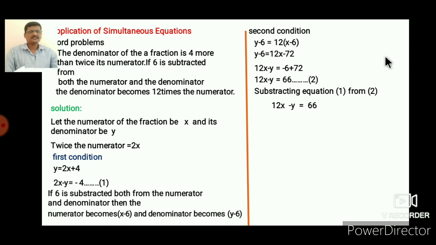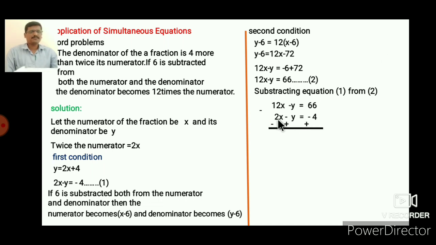Subtract equation first, which is 2x minus y is equal to minus 4. In subtraction, the sign will be changed for each term of the second equation.